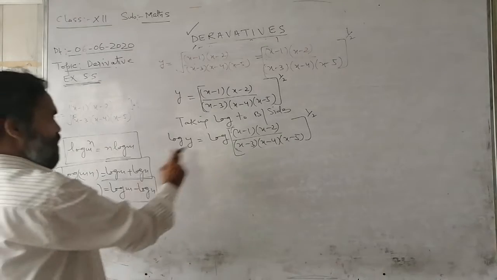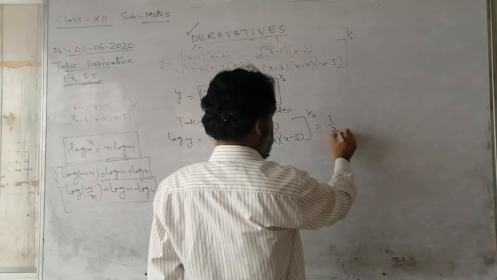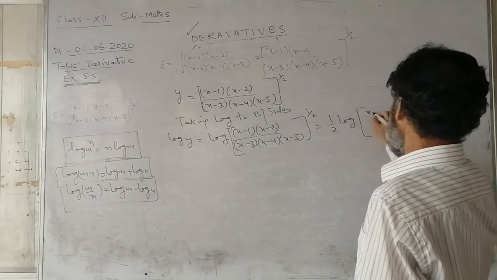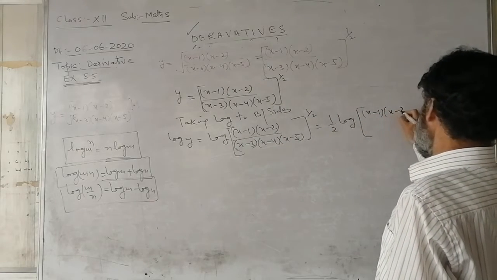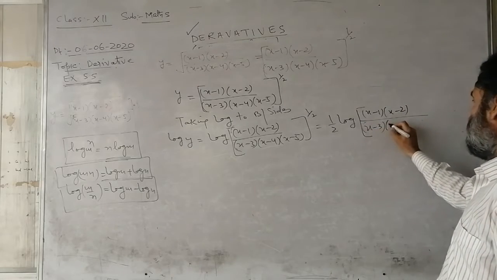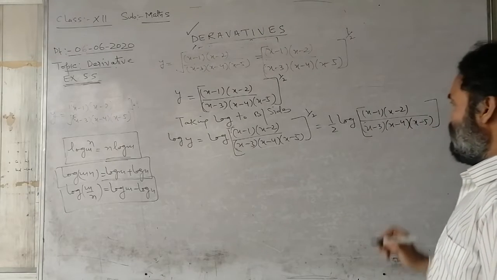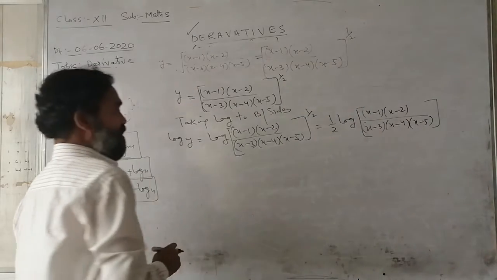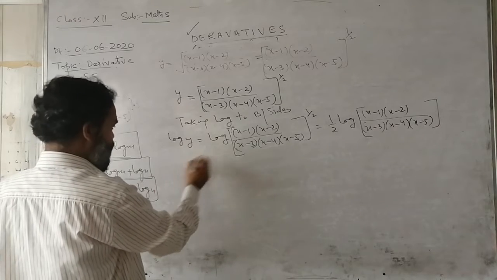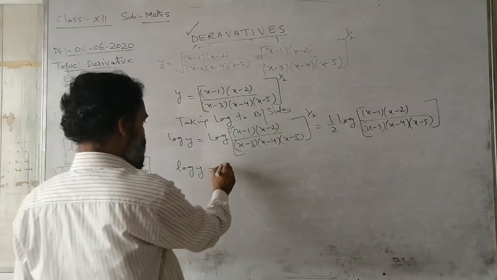So here, this power 1/2 can be written this way: half of log of (x minus 1)(x minus 2) upon the denominator terms. So now after taking log, differentiating log y, this can be further simplified.